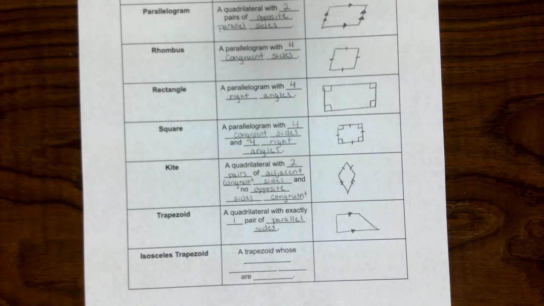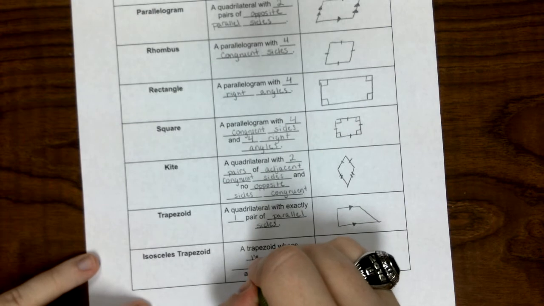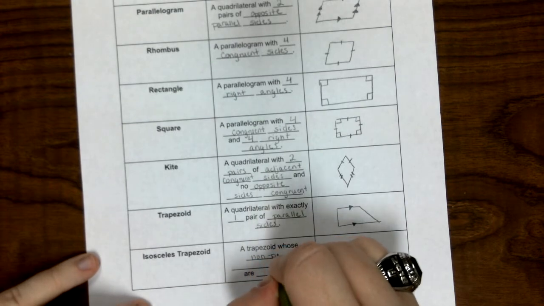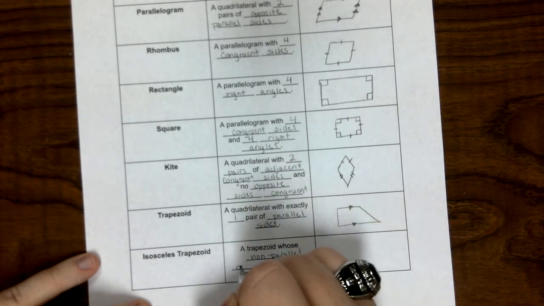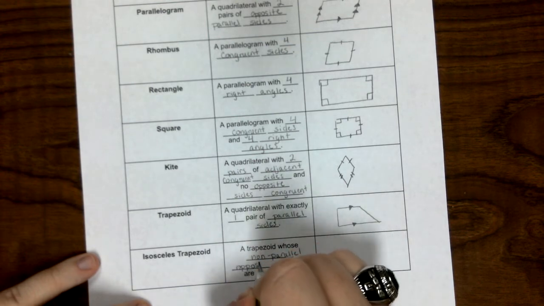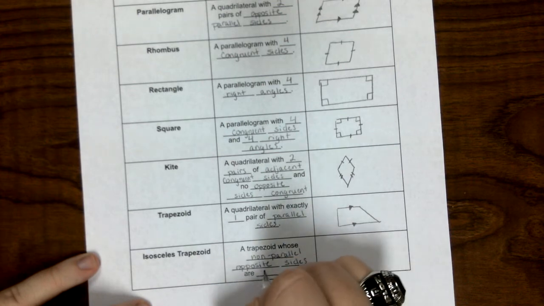And if we have an isosceles trapezoid, we take it a step further. It's a trapezoid whose non-parallel opposite sides are congruent.